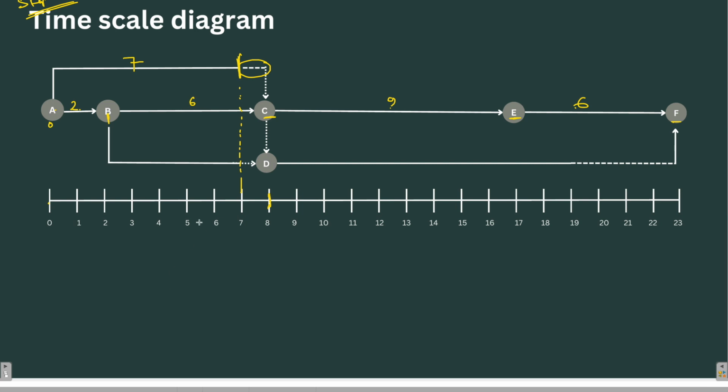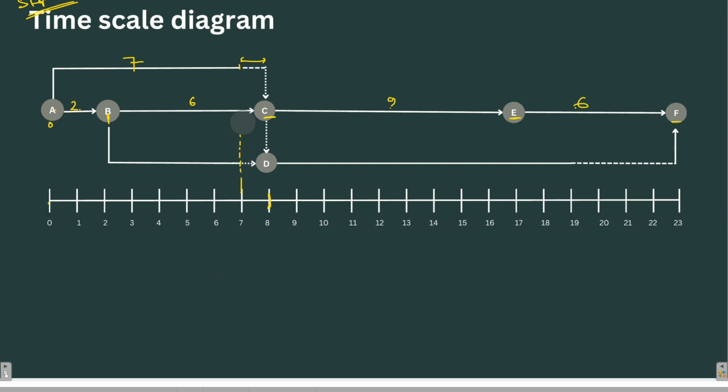Dashed line says that because I have to connect A to C, I cannot extend this solid line till C because it is taking 7 days. So I can draw the solid line till the 7th day, and from 7 to 8 it is a dashed line, which means that it is a float. It is representing a float or a slack or the extra time for the activity. Okay, this aspect is very important.